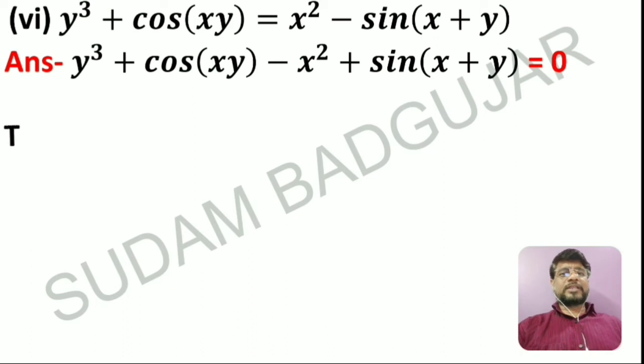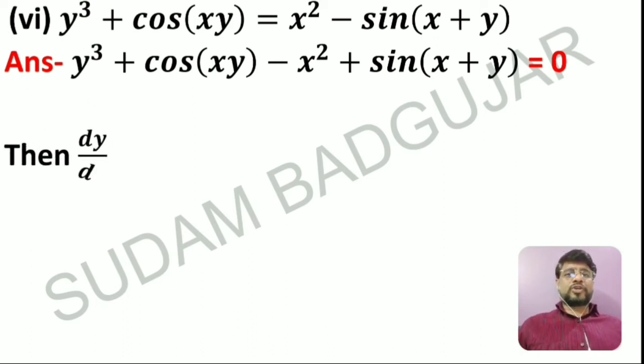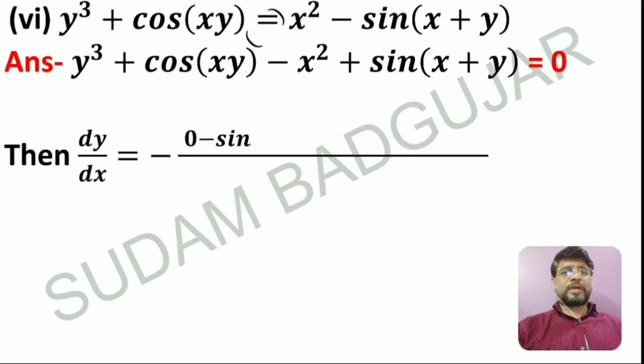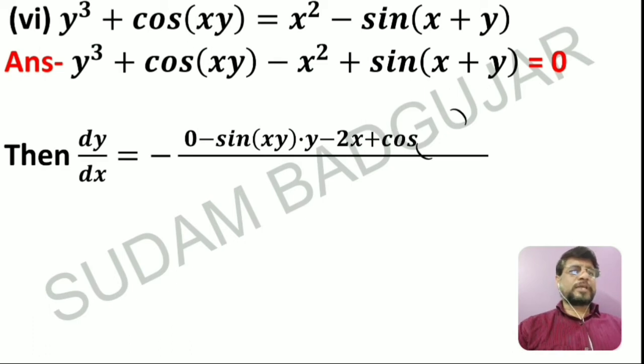Then dy by dx equal to minus, what is numerator? Derivative of y cube is 0. See, minus numerator is 0 plus minus sin of xy into y, derivative of cos is minus sin of xy into y, derivative of xy is y, minus 2x, derivative of x square is 2x, plus cos of x plus y upon, what is derivative of y cube?